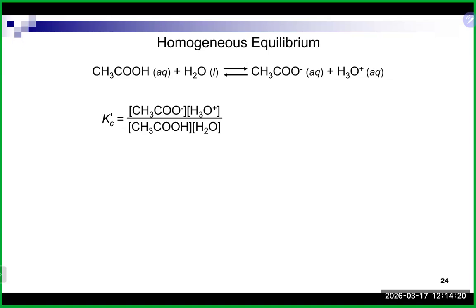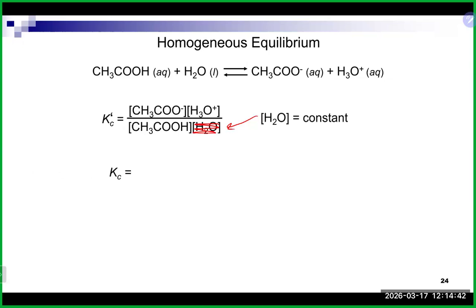That is because their concentrations are usually fairly large, like water, so it really remains constant throughout the situation here. Because water remains constant, we actually do not include it in the expression because of it being a constant value.